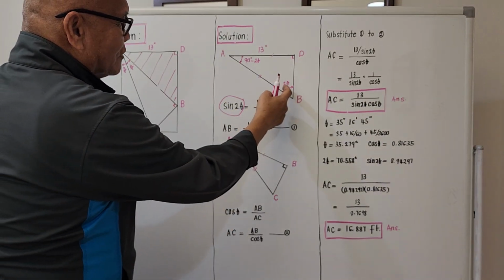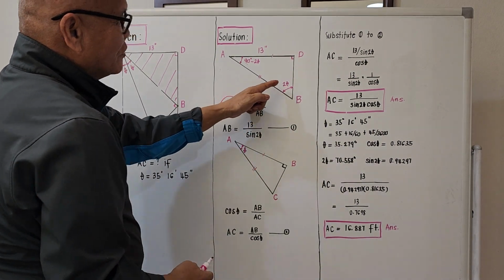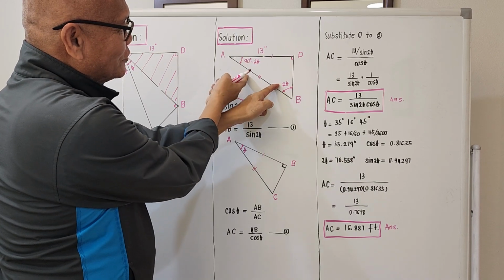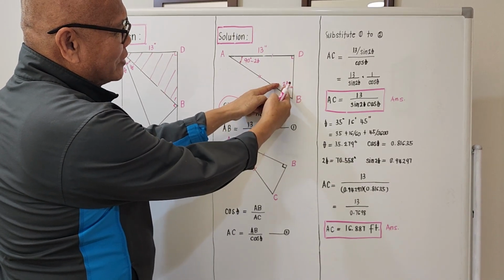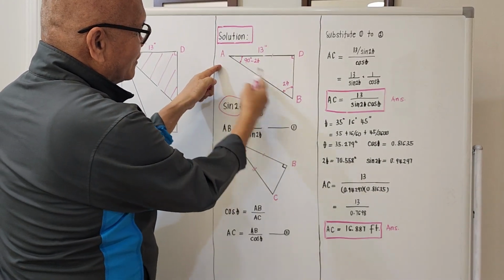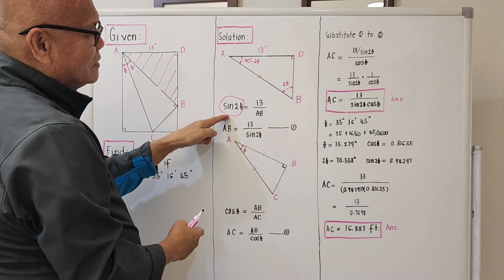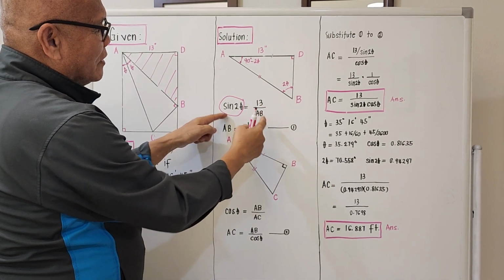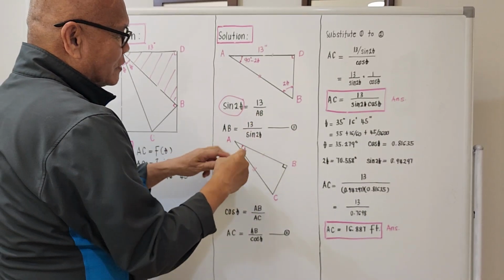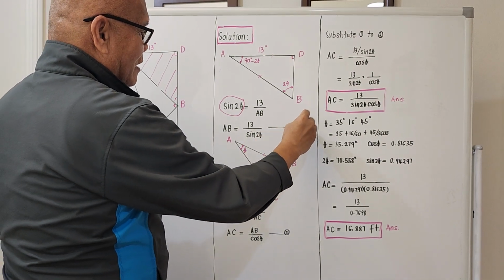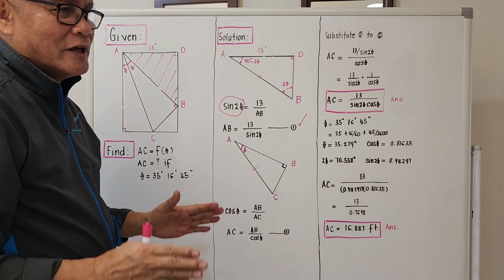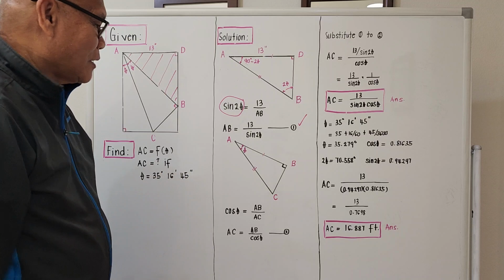We take the sine of 2 theta, the sine of this angle. Considering this angle, this is the opposite side and this is the hypotenuse. So the sine of 2 theta is 13 over the length of AB. Computing for AB, it will be 13 over sine of 2 theta. That's equation number 1. When we mark an equation by a number, it means that it is a very important equation.